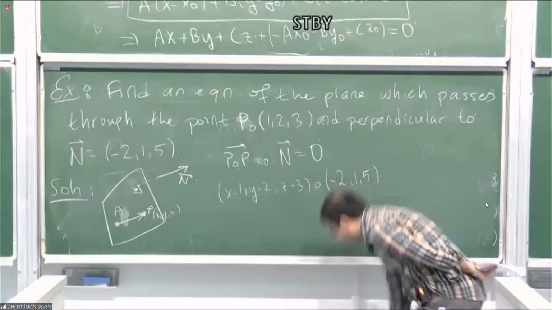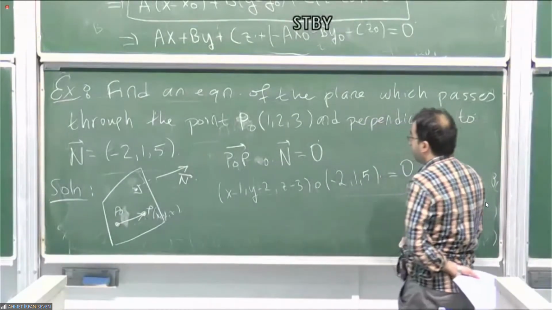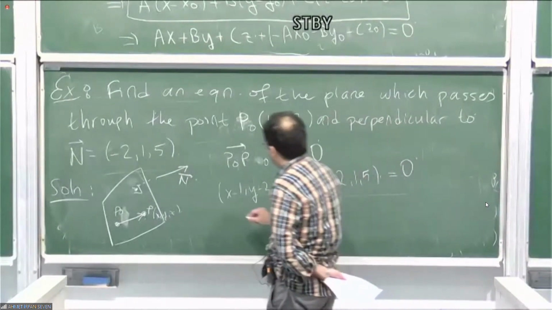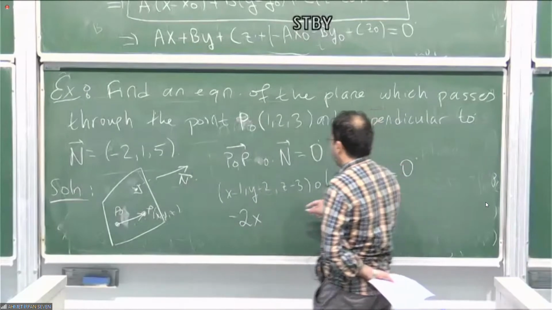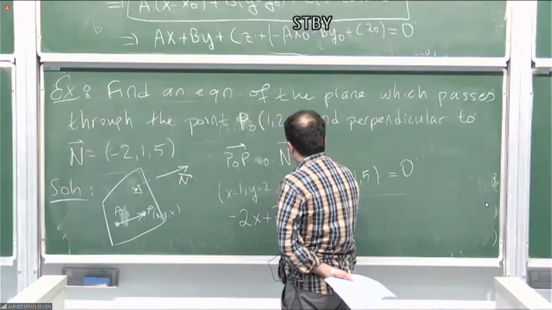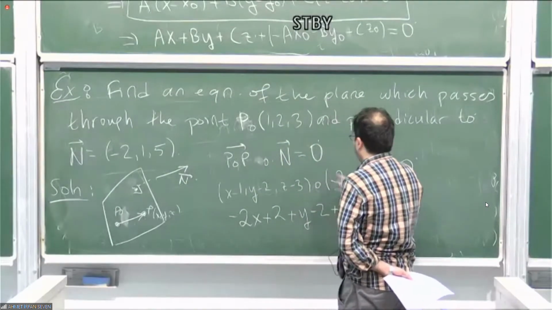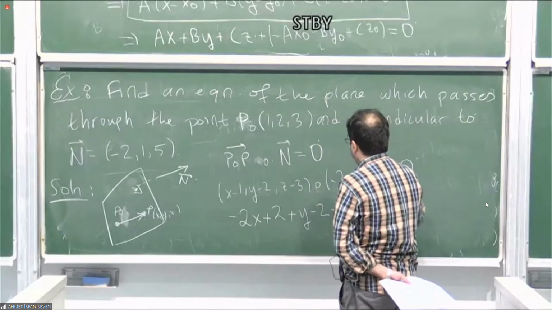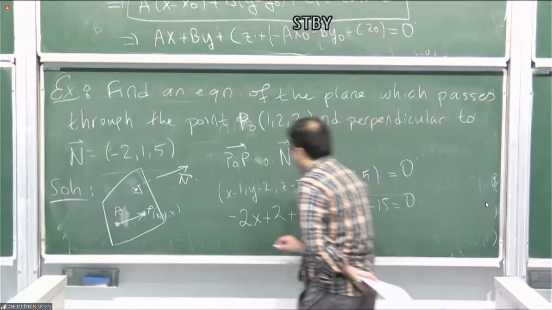This should give me 0. Then I distribute: minus 2 times (x plus 2), plus (y minus 2), plus 5 times (z minus 3), so 5z minus 15 equals 0.